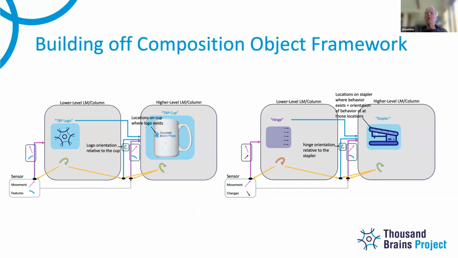So basically, different behaviors can exist on different locations on an object and at different orientations and scales.